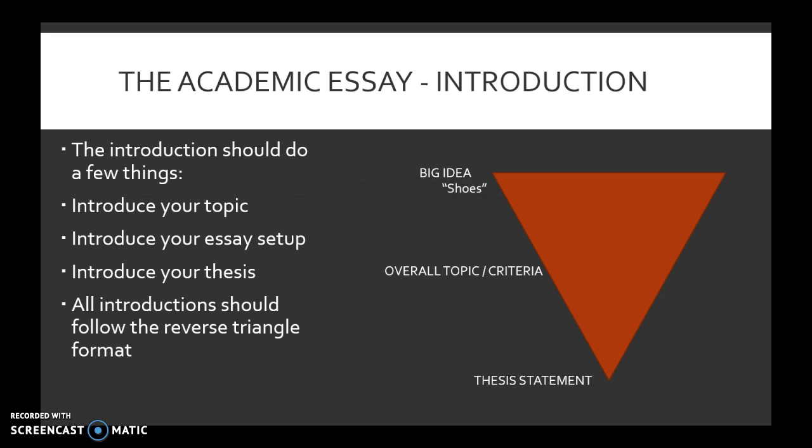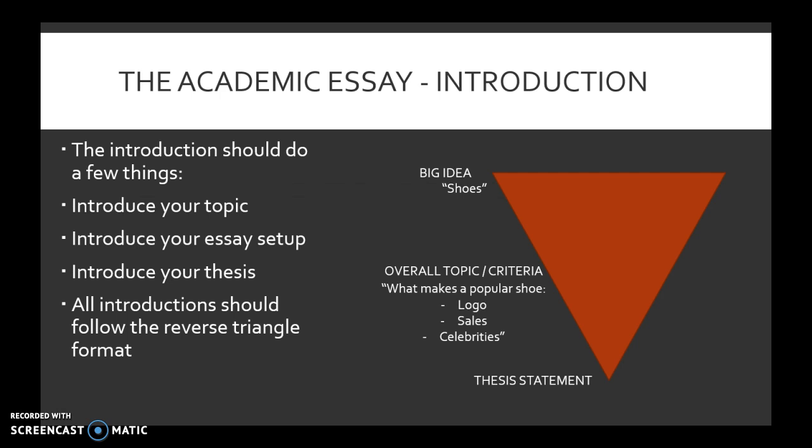Okay, so let's say you're writing a paper about shoes, where your first sentence or 2 is just going to be about the big idea of shoes. Eventually, though, in that same paragraph, you're going to shift, and maybe you don't just want to talk about shoes. Maybe you want to talk about what makes a shoe popular.